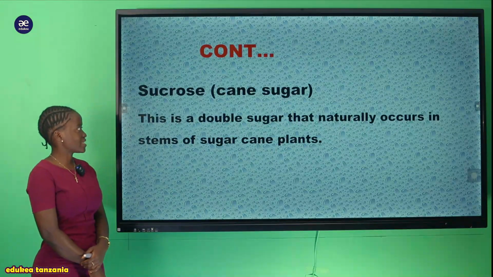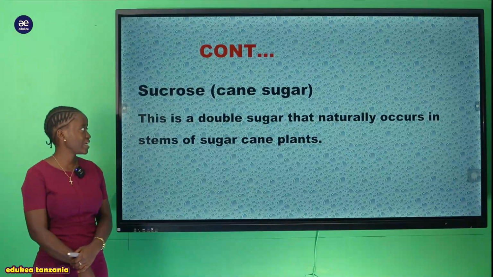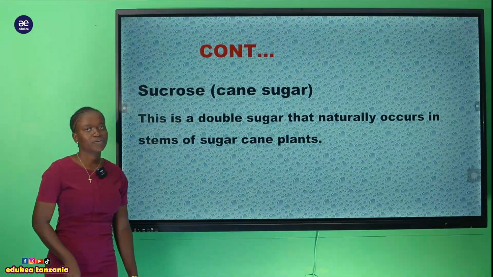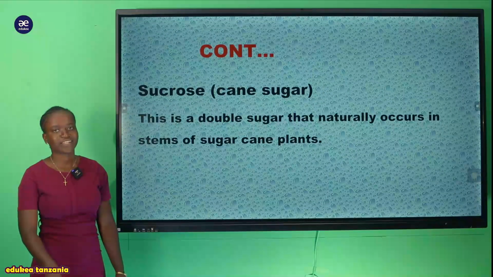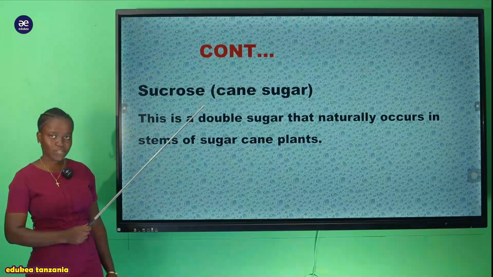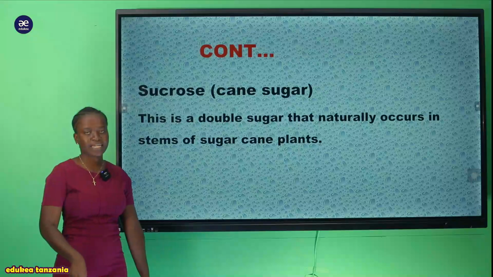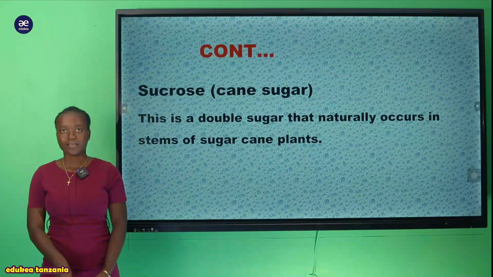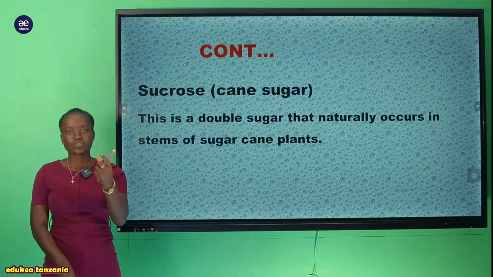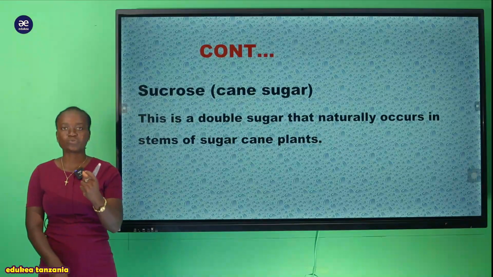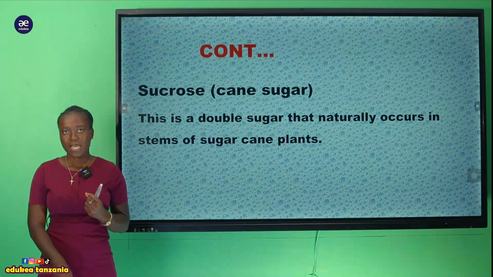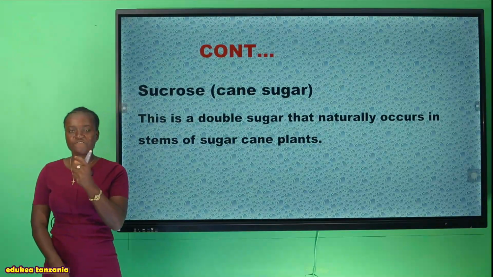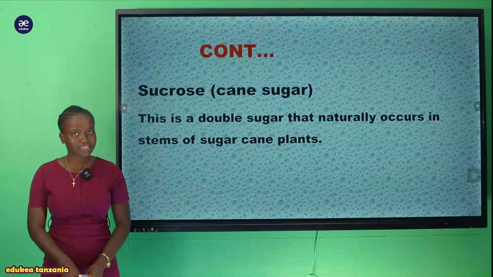So now let's see another disaccharide, that is sucrose, which is cane sugar, or you can simply say sugar cane. So this sucrose is called cane sugar, the sugar from sugar cane. We have seen that sucrose is mostly found in all plants.